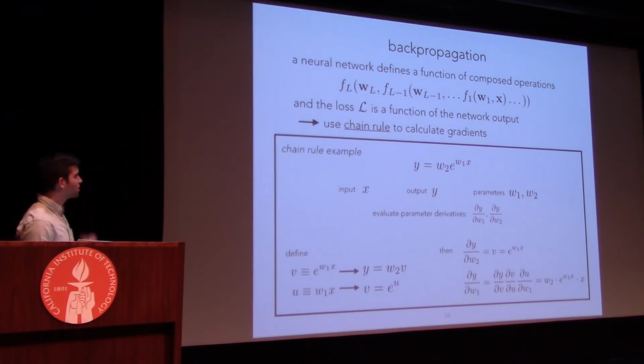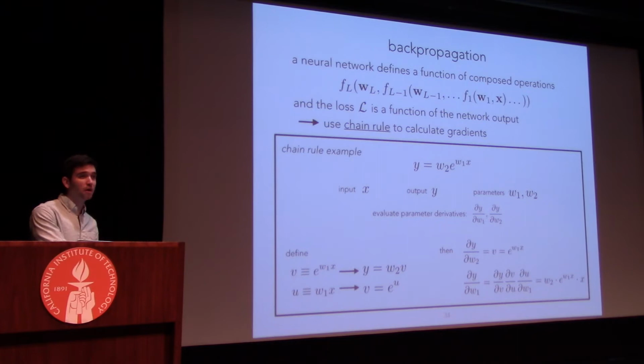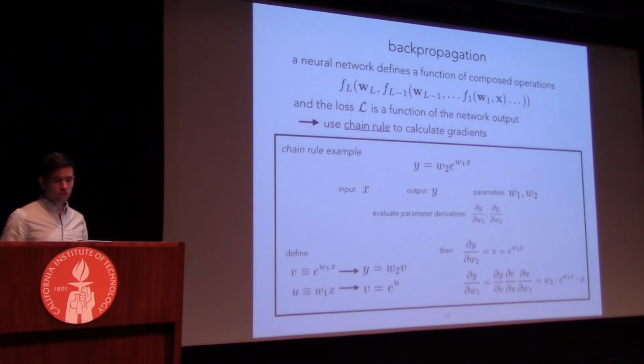And of course, taking the derivative with respect to w2 is fairly straightforward because it's just a linear relationship there. So that ends up being e to the w1x. However, if we want to find the derivative with respect to w1, which you can see is embedded in this function, we can use the chain rule to re-express the derivative of y with respect to w1 as y with respect to v, v with respect to u, and then u with respect to w1.